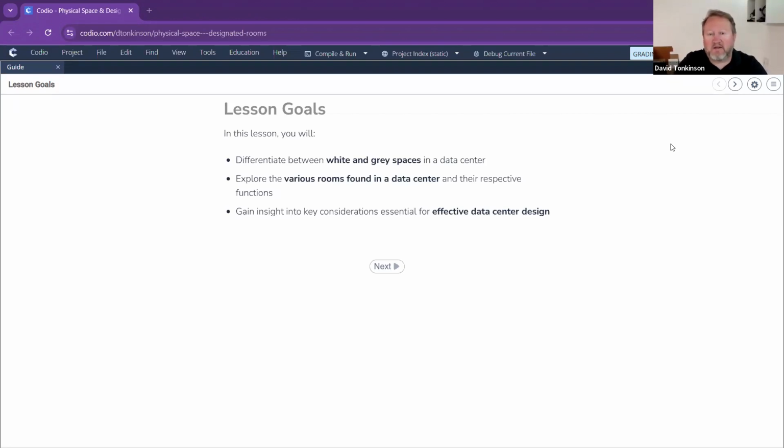We allocate different rooms to different tasks to get some decent separation and to manage the core structures in a very efficient way. We're also going to gain some insights into the key considerations of effective data center design. And again, we are going to get you all to have a little play with drawing a data center, and we'll go through that when we get to that section.